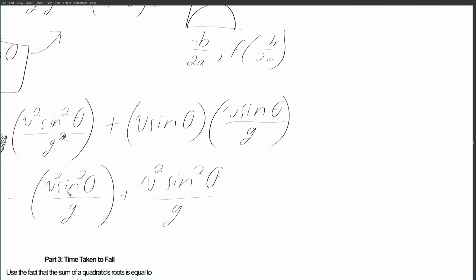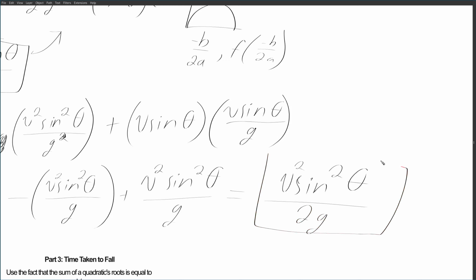Since we have a half here and a whole, this is just going to end up with 1/2. So it's going to be v squared sine squared theta divided by 2g, since this is 1/2. And that's our maximum height.